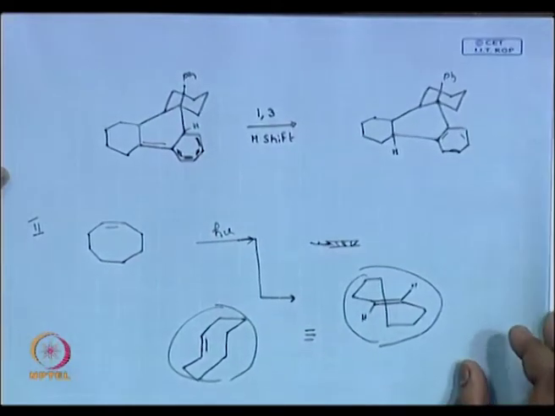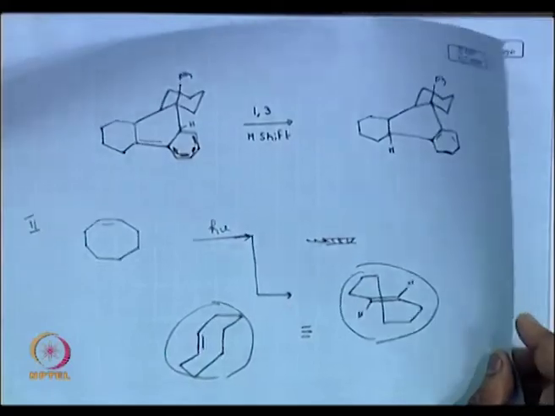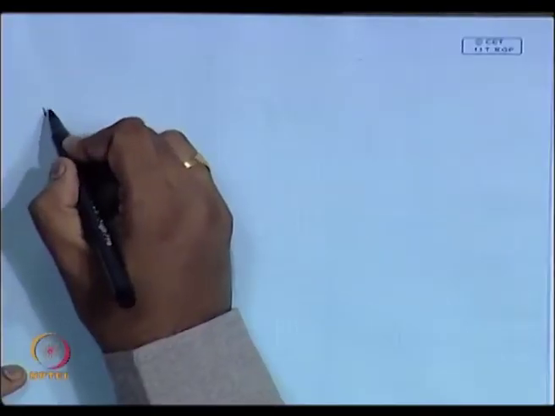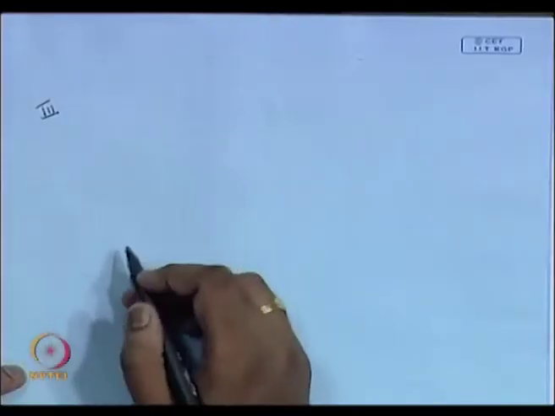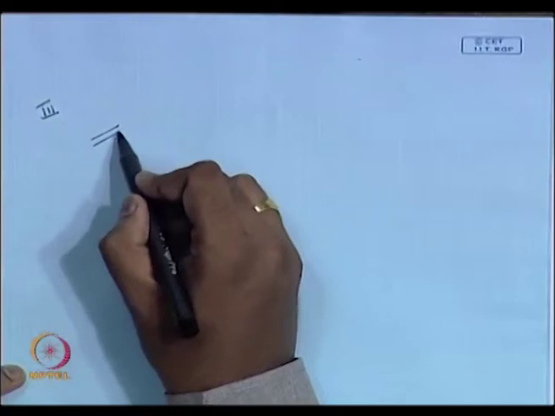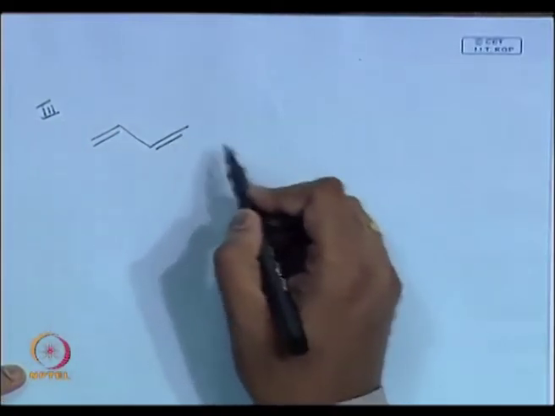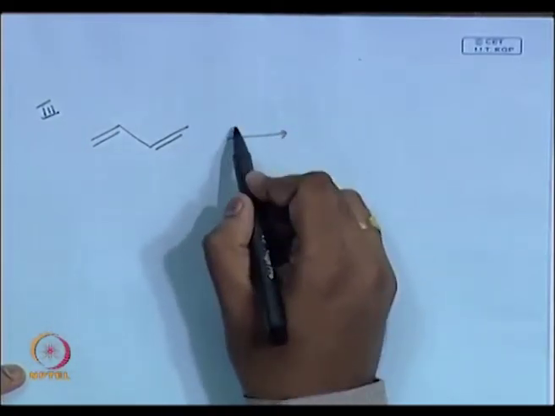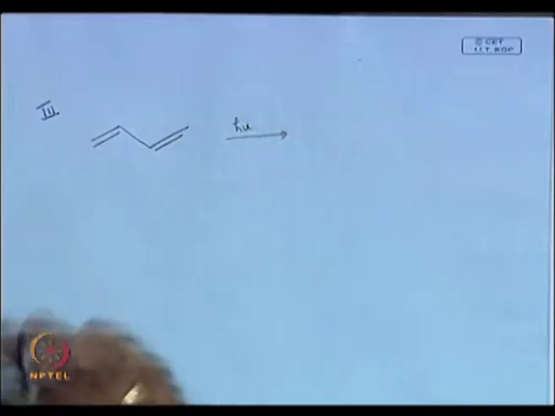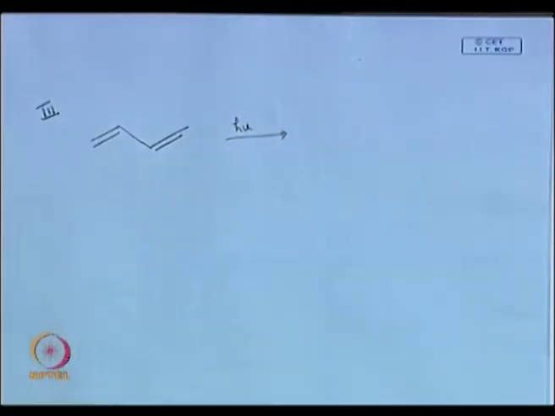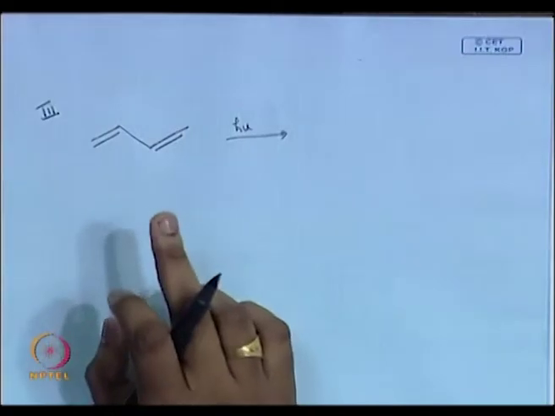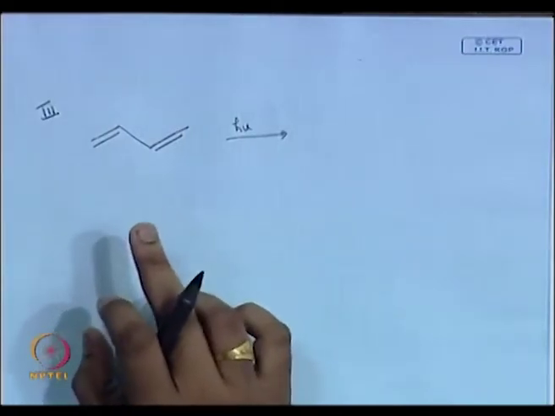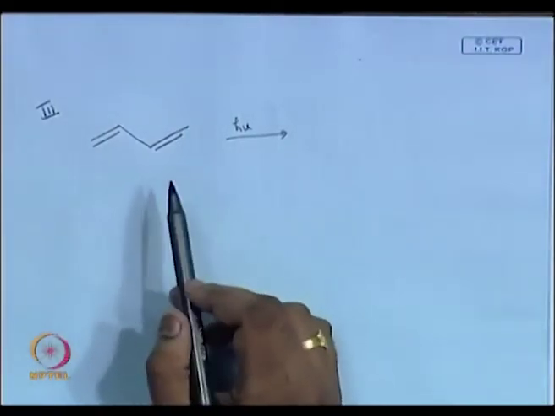Now, we will take another good example. So, now we were dealing with one alkene system, one double bond system. Now, we are dealing with a diene type of system.